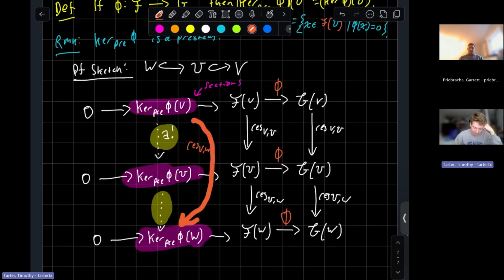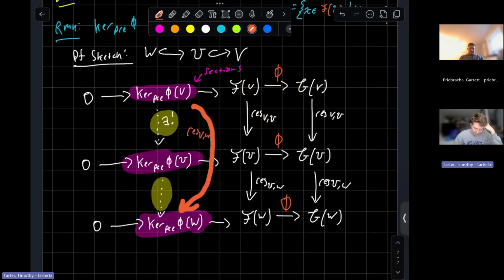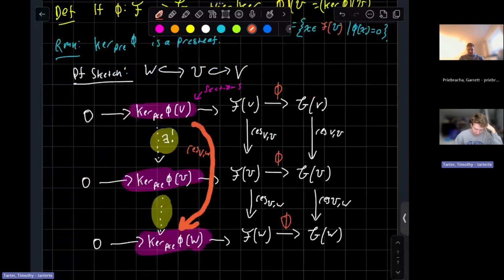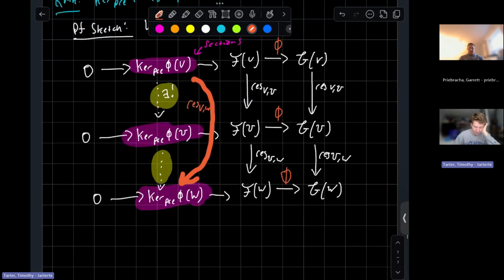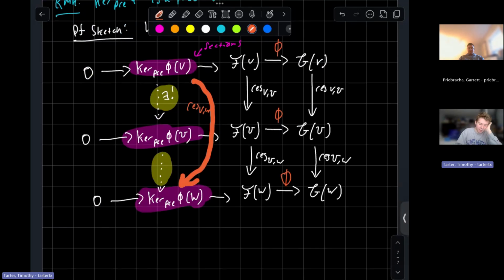The sections over U in F, they go to 0 in G. And so then we can recover the restriction by diagram chasing, like so.